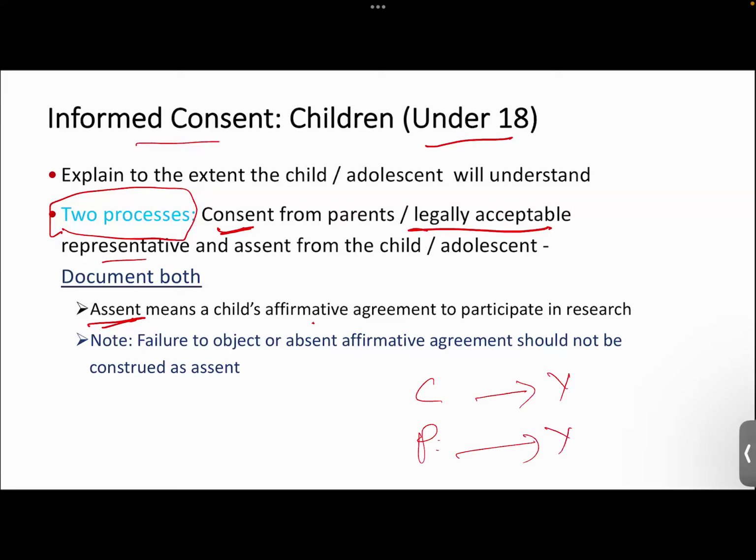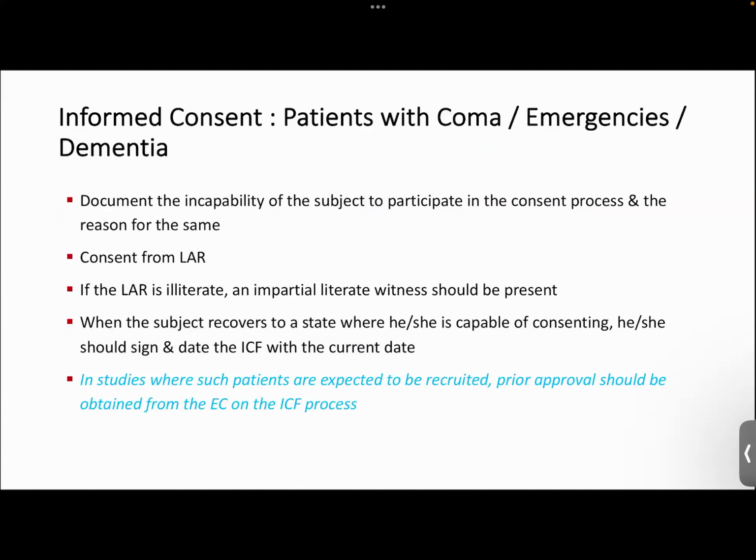If the parents say no, or the child says no even if the other says yes, then it is also no, or vice versa. Both should say yes. And in case the patient is not in a coma or emergency, then as I told you, the LAR, legally acceptable representative, should be there. And if they are not literate, an impartial witness should be present to understand the process.